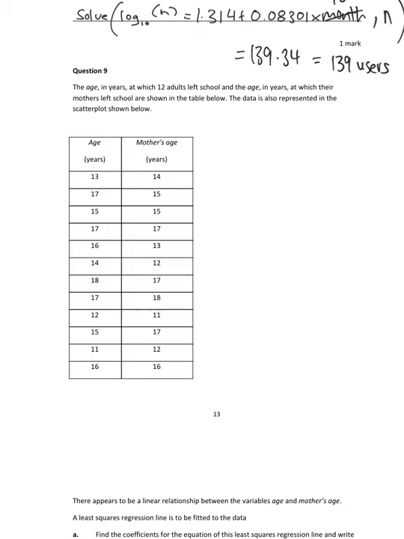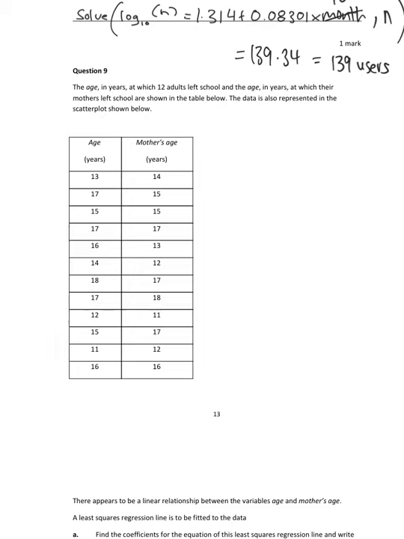Question 9. The age in years at which 12 adults left school and the age in years at which their mothers left school are shown in the table below. The data is also represented in the scatter plot shown below.